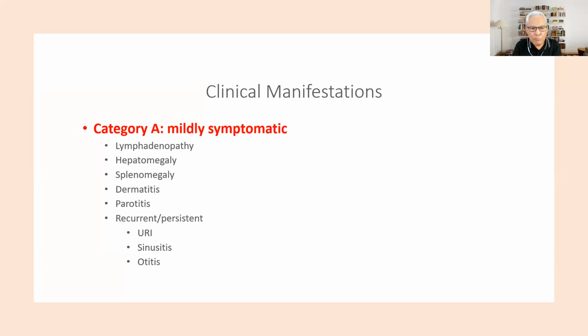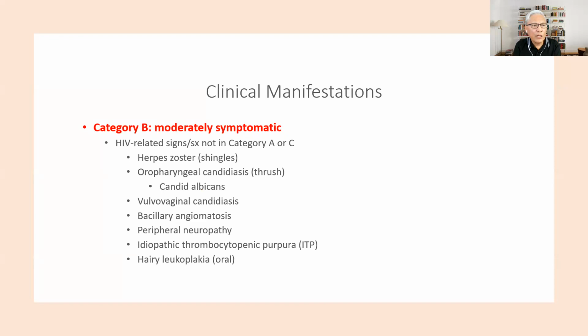Then it's going to progress even more into moderately symptomatic, and this would include your HIV-related signs and symptoms, such as herpes zoster and candidiasis, vaginal candidiasis, as well as all these things that are listed here, including hairy leukoplakia.